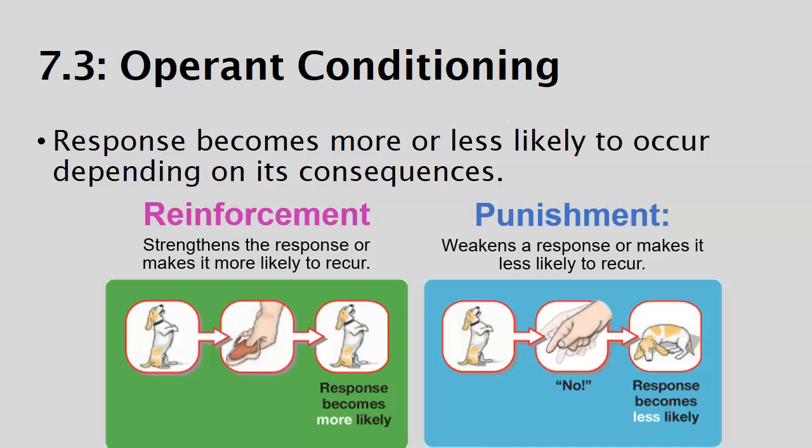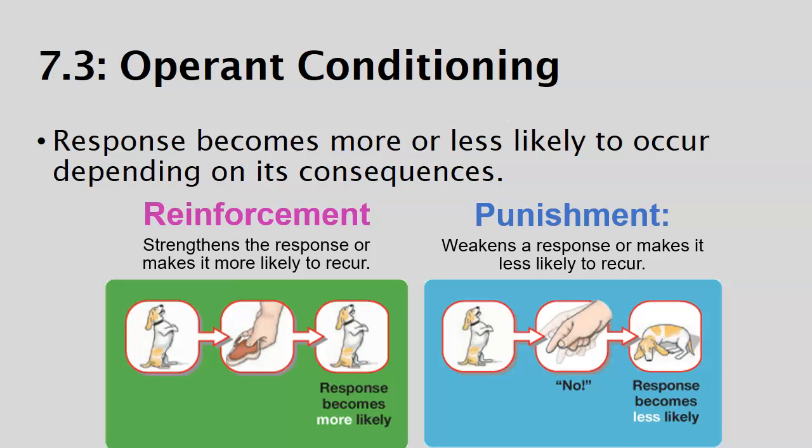So the first step to determine what form of consequence it is, is to determine: is the behavior more or less likely to occur in the future? If the behavior is more likely to occur in the future, then you're looking at reinforcement. If you find that the behavior is less likely to occur in the future, then that is a form of punishment.